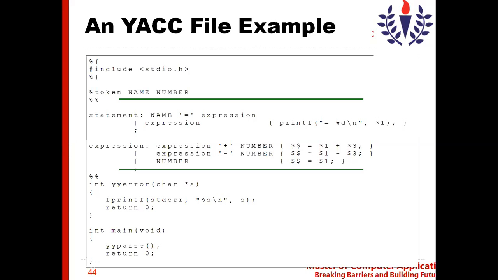In the RHS you can see expression plus number, expression minus number, then number. The pipe says that it is either expression plus number, or expression minus number, or number. If any one of these right hand sides is matched with the input, then the right hand side will be replaced by the left hand side. What is there in the left hand side? The expression. So RHS will be replaced by LHS.